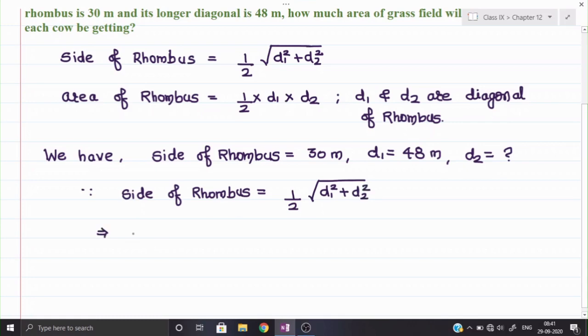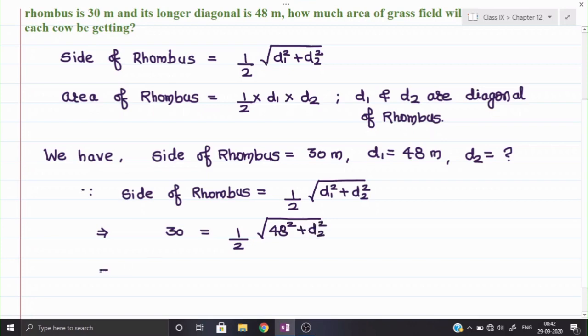So what is the value of side given here? 30. That we shall put here: 30 is equal to 1 upon 2 under root of d1, that is 48, and d2 I am keeping as it is.